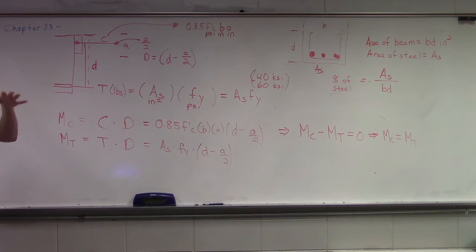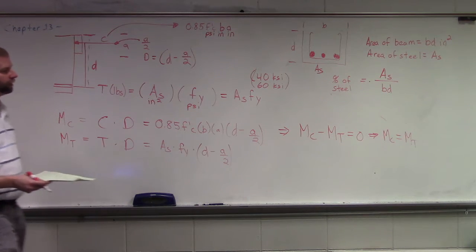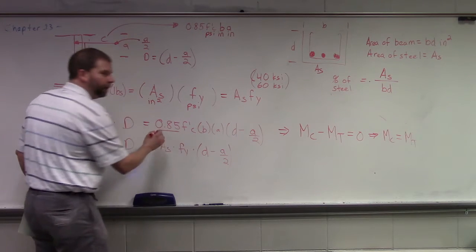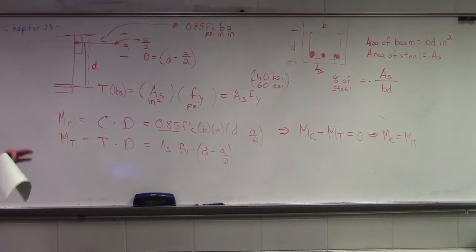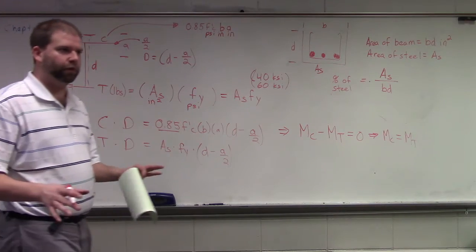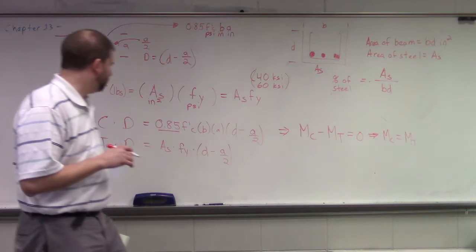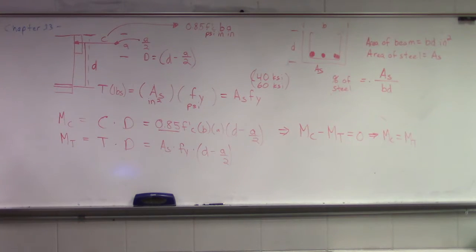That will change your center of mass, but that gets us deeper than we have time for. So the 0.85, that's a constant? Yep, whenever we evaluate concrete from a structural standpoint, we want its capacity to be 85% of design strength. We don't want to exceed that.